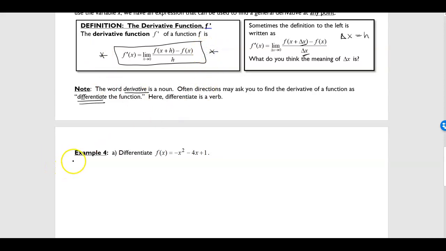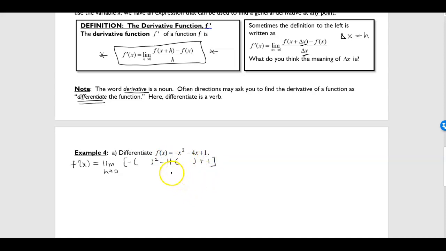Okay, so f prime of x. So I'm going to go ahead and write it out. F prime of x is equal to the limit as h approaches 0 of f of x plus h. So when you write that out, I encourage you to write parentheses wherever there's an x, right now. Negative of x squared minus 4x plus 1.